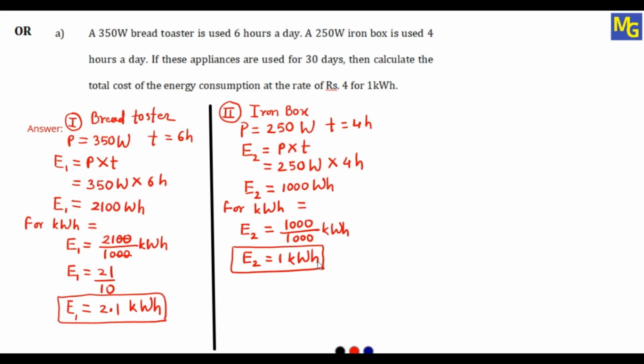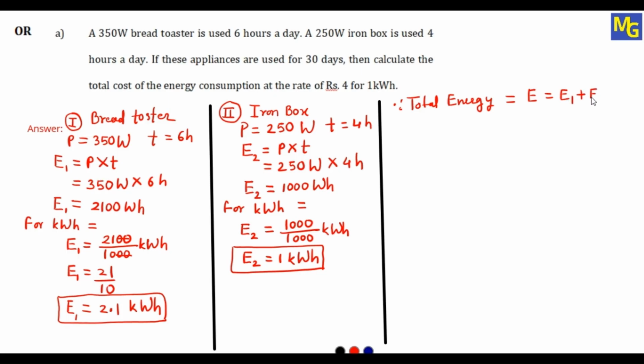Now we have to find out total energy. For bread toaster it is E1 and for iron box it is E2. So find out the total by adding these two values. I'll write it here. So therefore total energy is equals to E is equals to E1 plus E2.